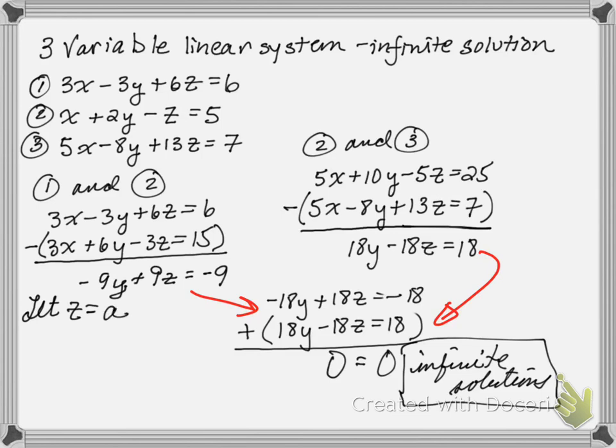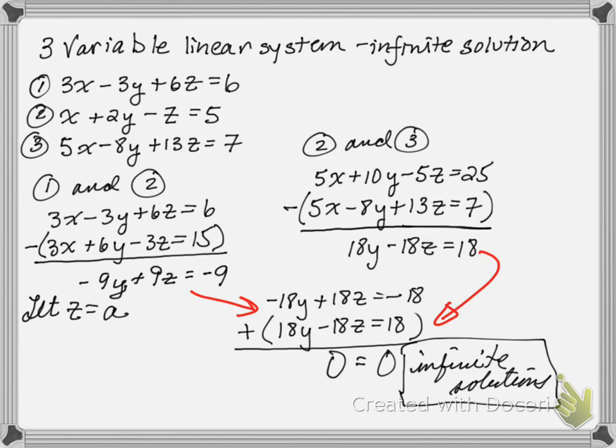Now things are going to get quite cramped here if I continue working down in this corner. So let's move to another page. And on this page, I'm saying, let z equal a. Now, from the previous page, we have this equation, 9y plus 9z equals -9.